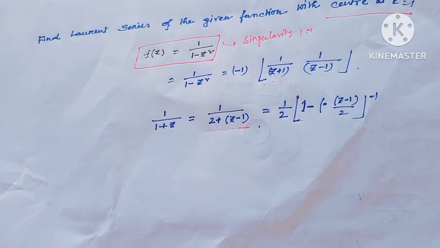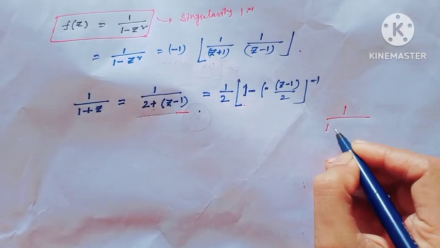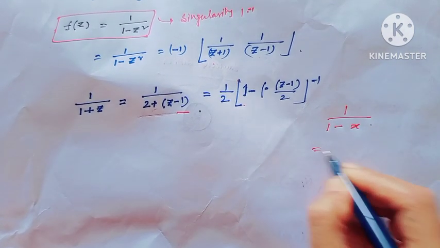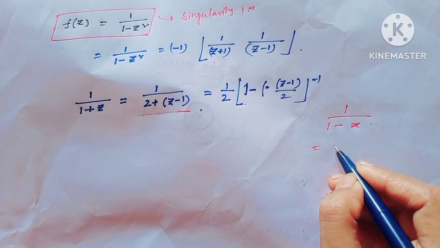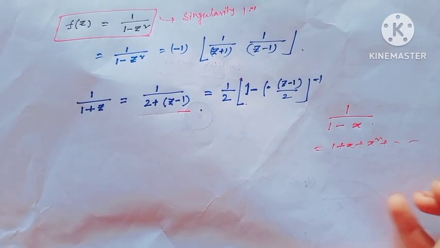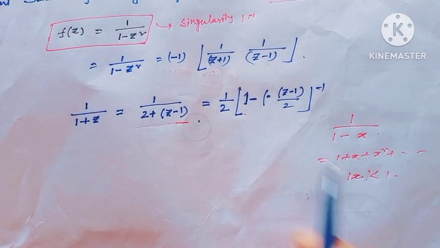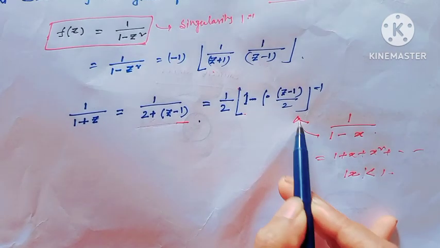This is the geometric series we all know. The series is of the type 1 over 1 minus x, which is 1 plus x plus x squared and so on, and the series converges for modulus of x less than 1. Here the series is similar to this.